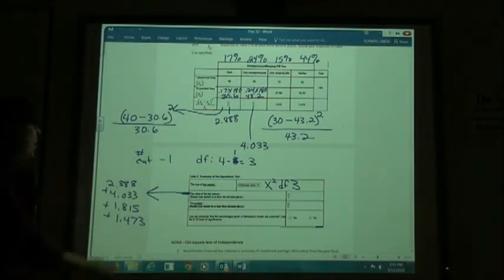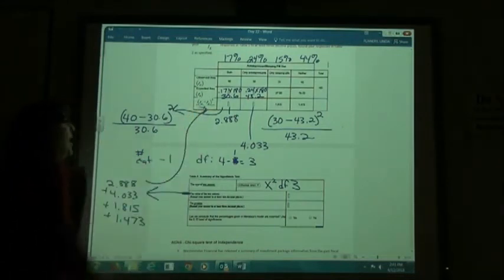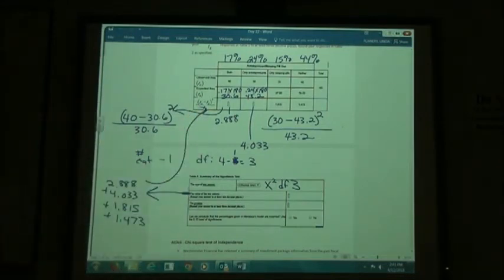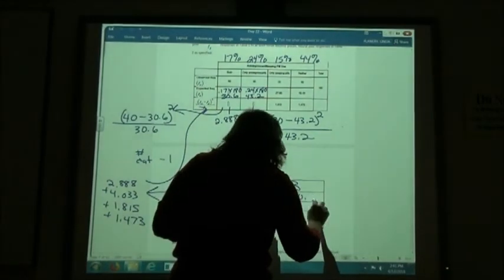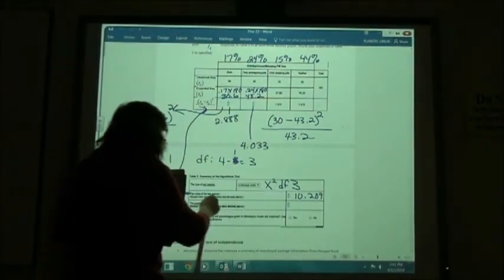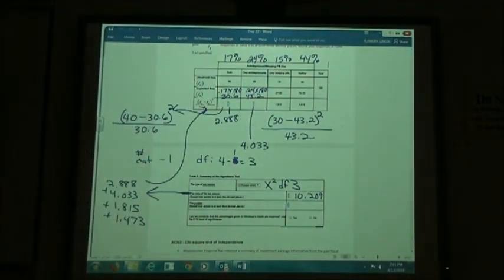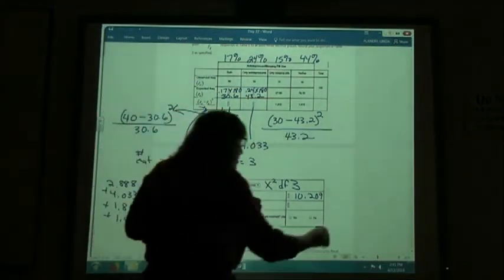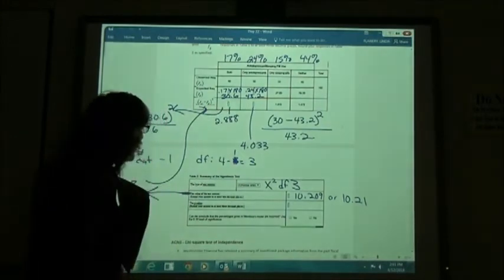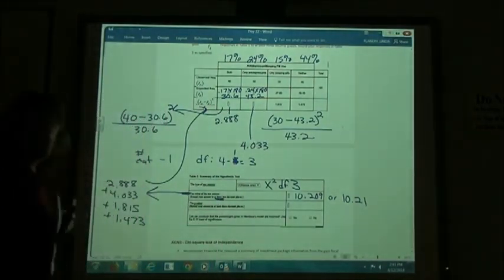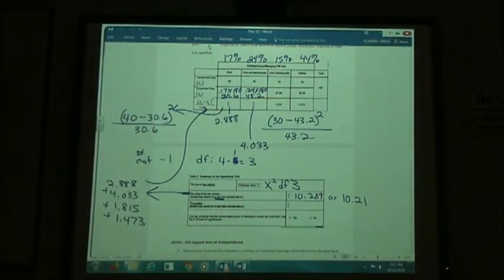We're adding all the values in that row to get the value of our test statistic. If you add all of those together, you get 10.209. It says round to at least 2 decimal places, which I didn't follow, so 10.21 would also work. But it says at least, so if you go farther than 2, it's going to count it correct. Then we're going to do the p-value on this one.